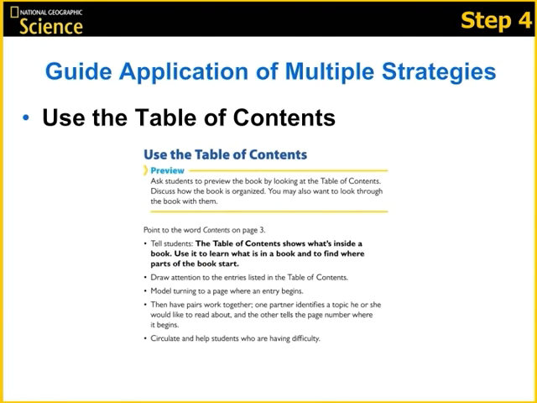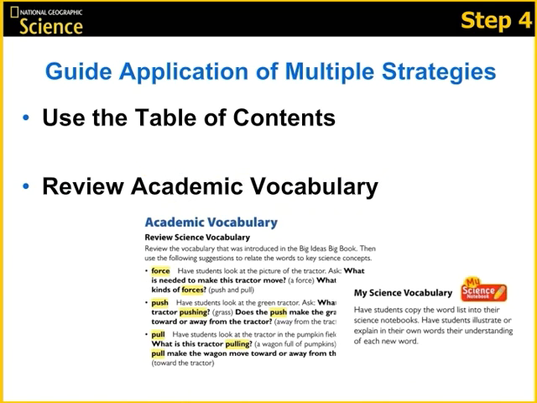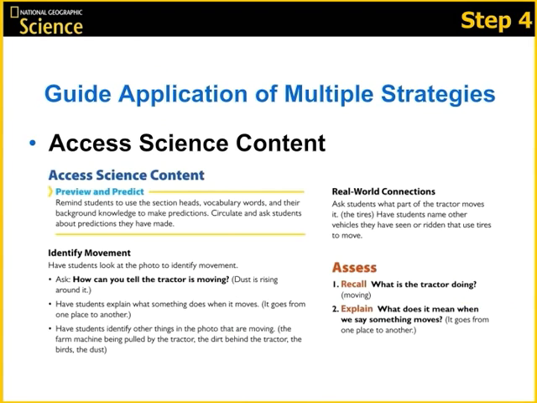Your teacher's guide includes detailed instruction for each Become an Expert book, and it includes previewing the table of contents, reviewing the academic vocabulary, and opportunities for students to add to their science notebooks. Then you'll move on to accessing the science content.